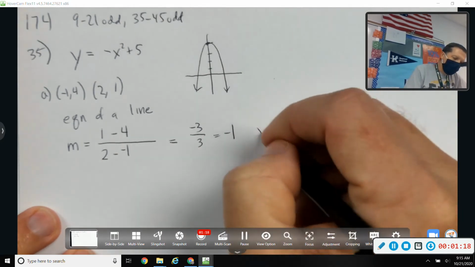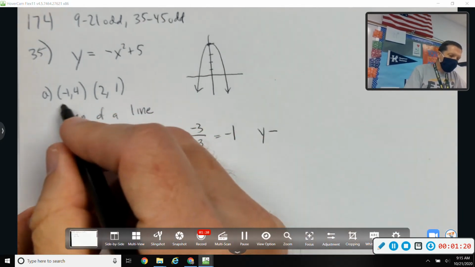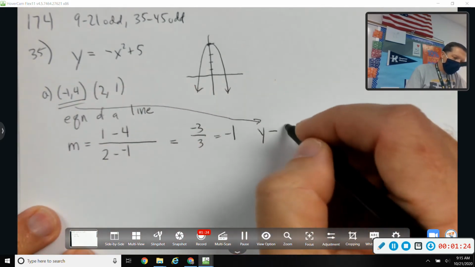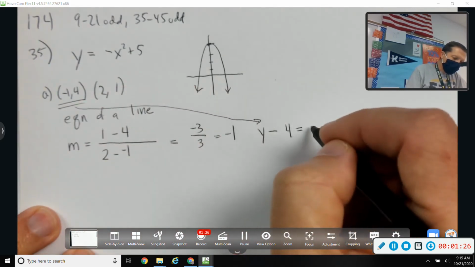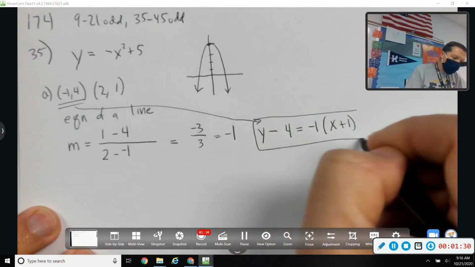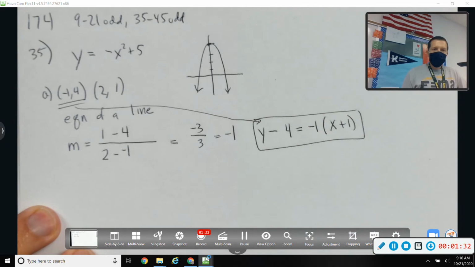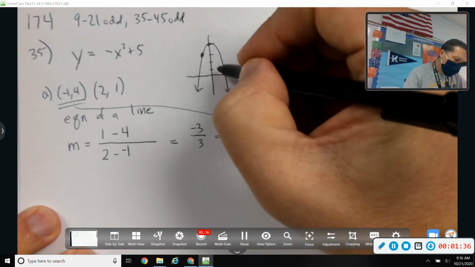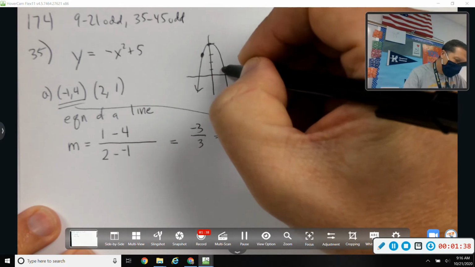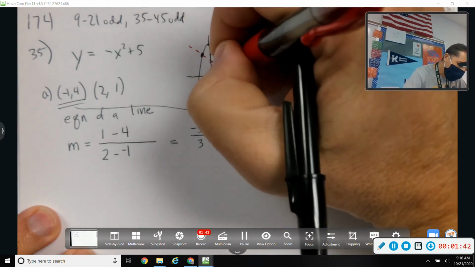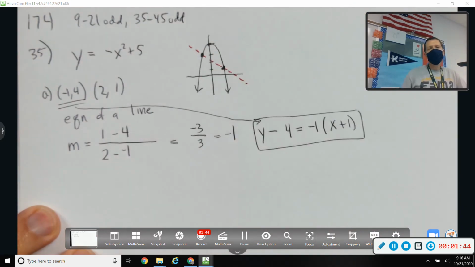And then y minus, I'll just use the first point, though it doesn't really matter which point we use. y minus 4 equals negative 1 times x plus 1. (-1, 4), (2, 1). I don't know, it didn't say graph it, but there's the graph of that line.